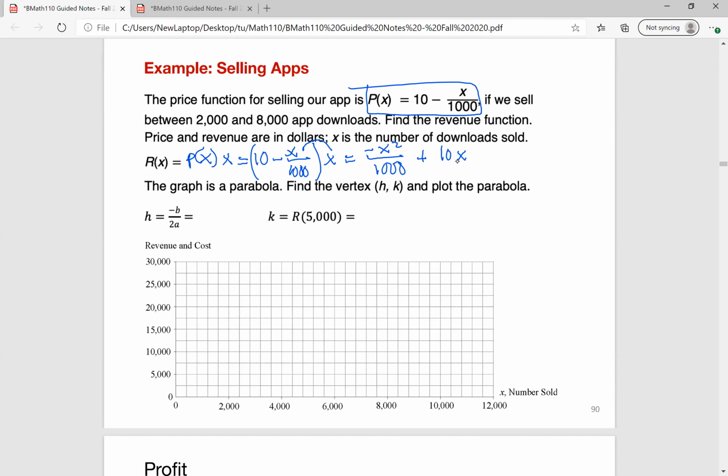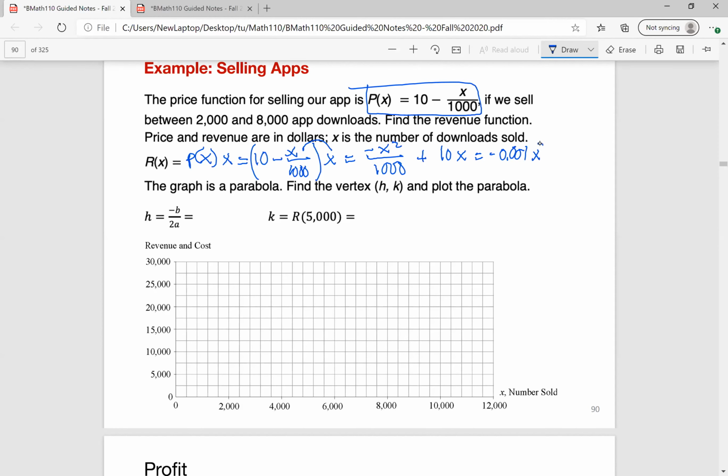I would like to write it in the slope-intercept form. So I'm going to write it as negative 0.001 x squared plus 10x.